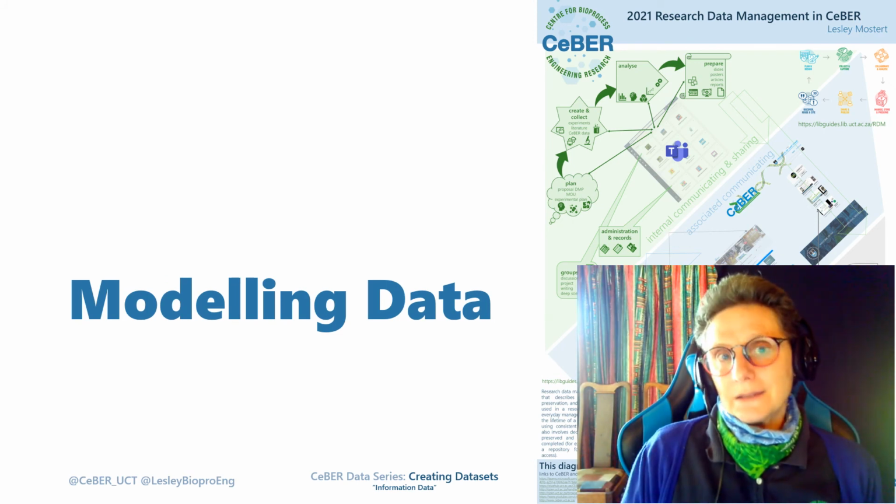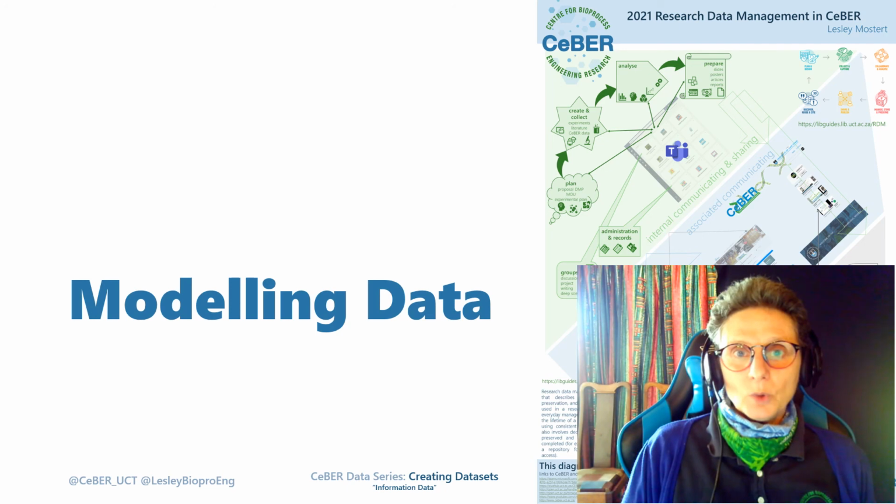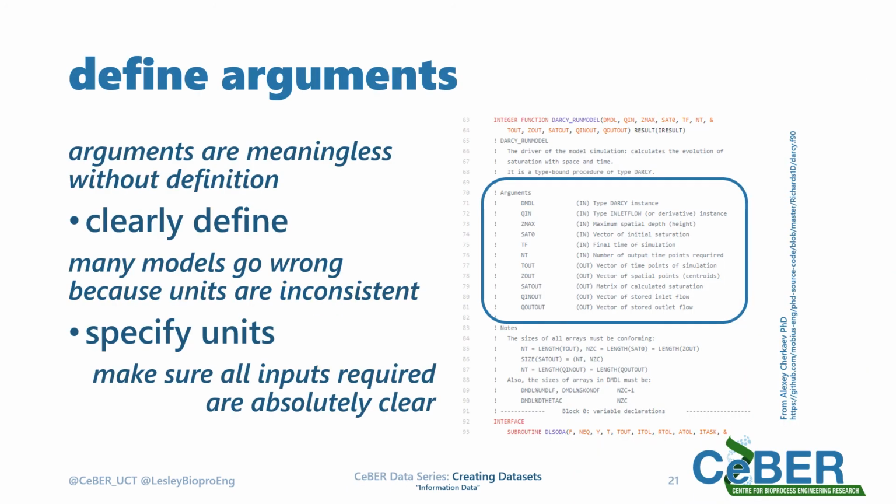Now, modeling data. This is a little more complex for me. First up, define your arguments. So in your model, in your code, you must make sure that your arguments have got good definitions. Otherwise, people don't know what needs to go in there or what has gone in there.